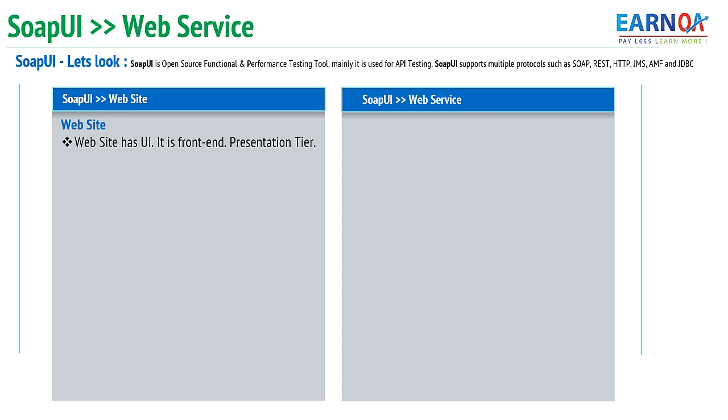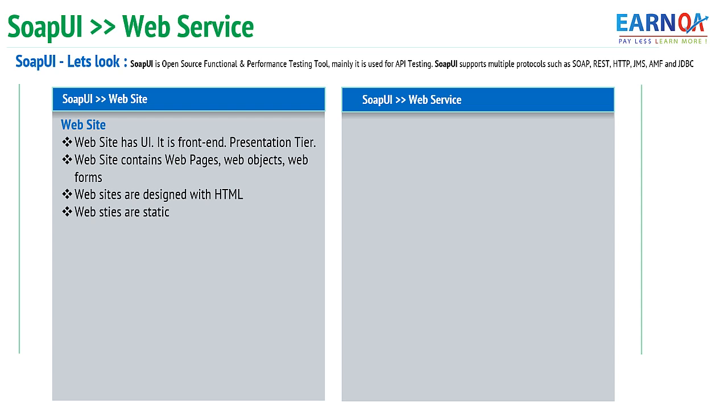A website is UI based, it's a front end, and it is mostly called the presentation layer. All websites have a UI, and a website contains web pages, web objects, web elements, and web forms. Websites are designed with HTML pages, and mostly websites are static.